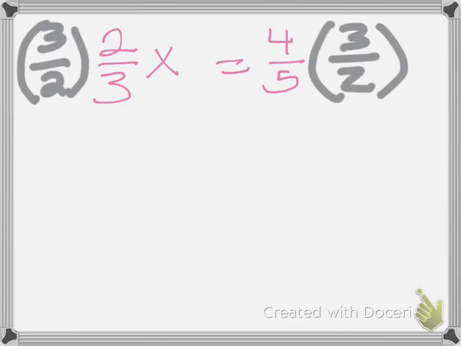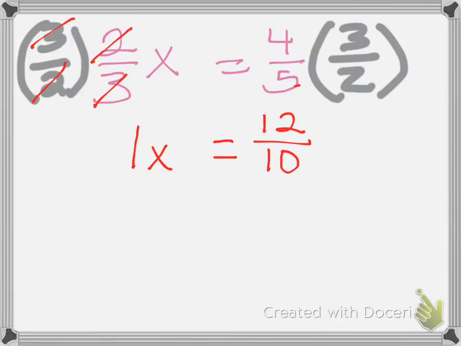The reasoning here, now I can say that, and I can see that the 3's would cancel, the 2's would cancel, that would equal my 1x, which is what I want to end up having. Over here now I don't have to do all that extra work. I can just do 4 times 3, which is 12, 5 times 2, which is 10, and then simplify that here to 1 1/5. It makes it just a little bit less work to have to show.